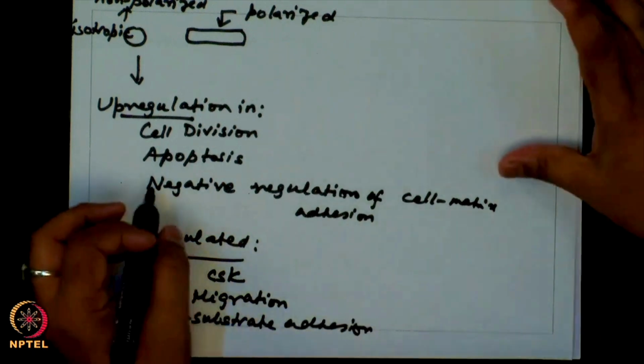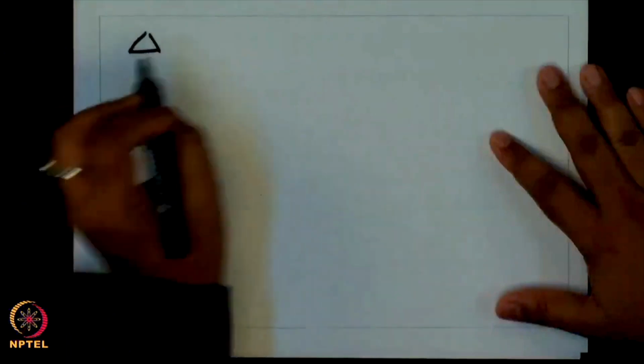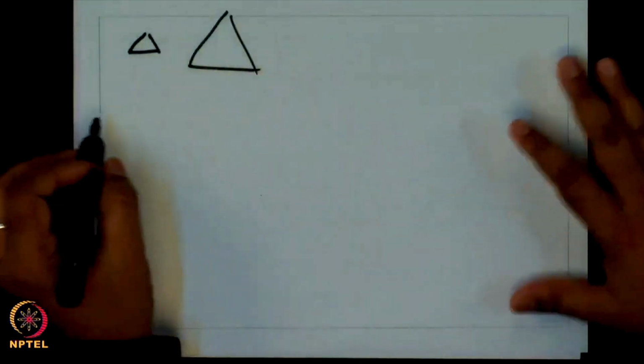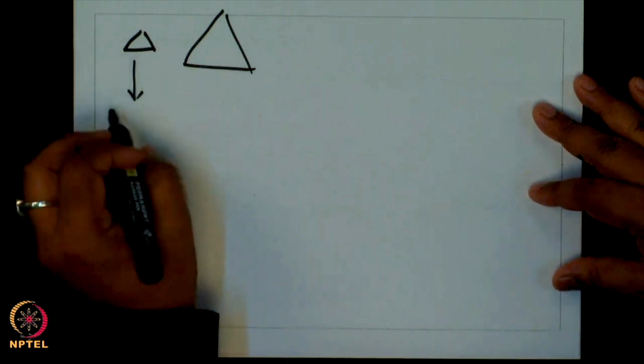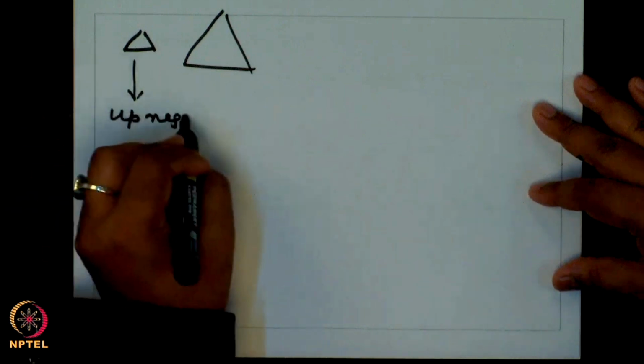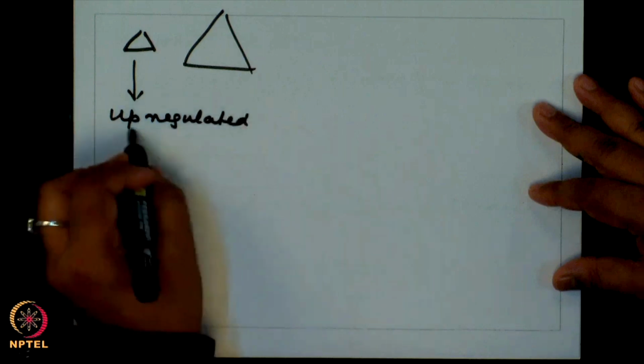Similarly, they observed differences when they used the triangular geometry. They compared a small triangle with a big triangle. And what they found was that in the smaller triangles there were several signaling pathways which were upregulated.